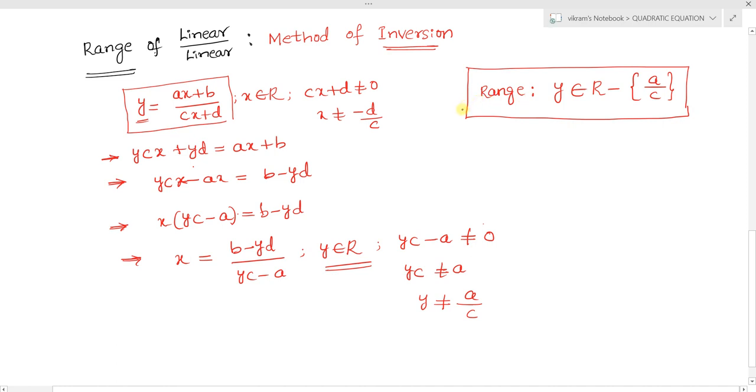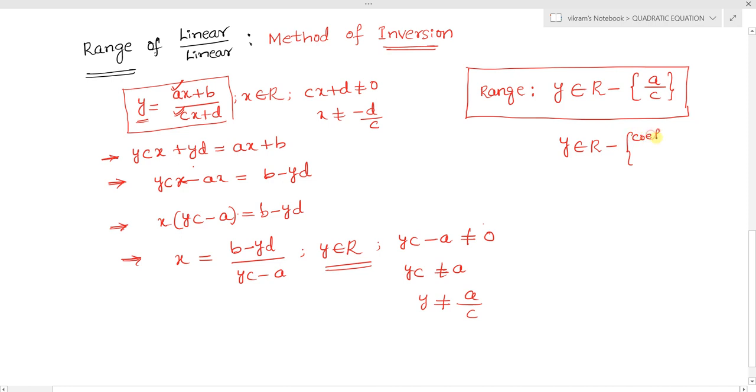Now I think you are able to find the range if the function is in the form of a linear by linear. Now we can summarize this. If it is any expression in the form of linear by linear, directly we can write the range as all real values minus a by c. Here a is nothing but the coefficient of x in the numerator, and c is the coefficient of x in the denominator.